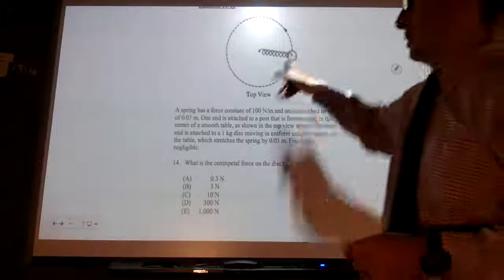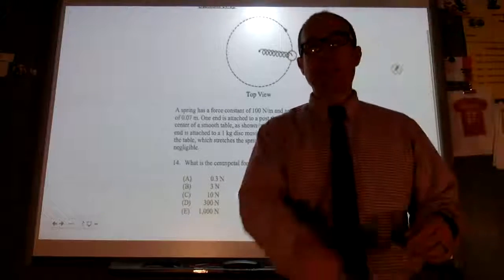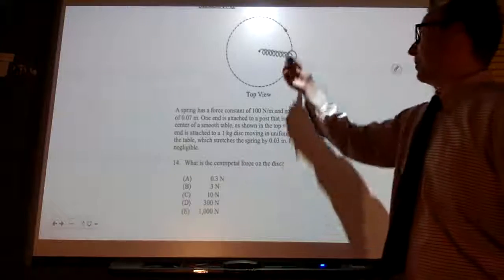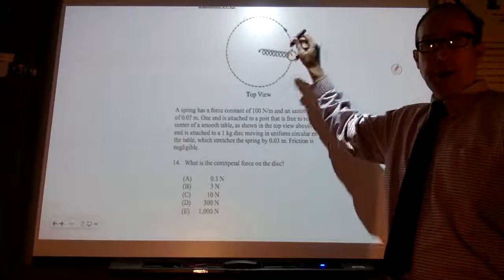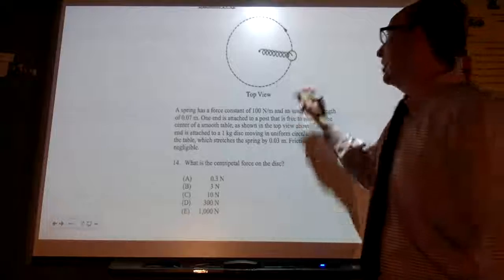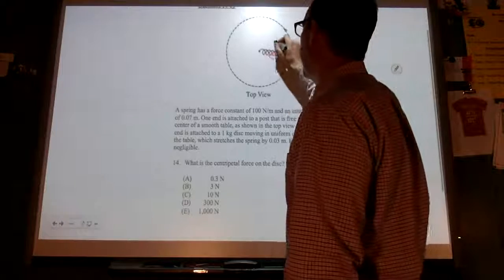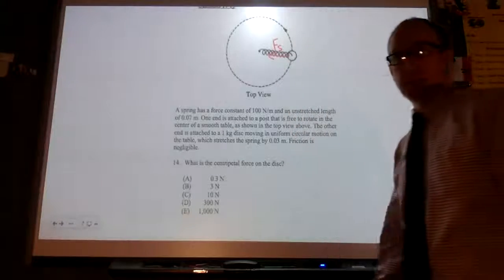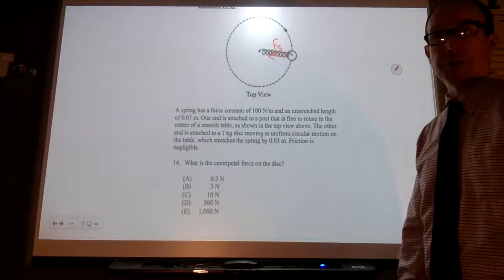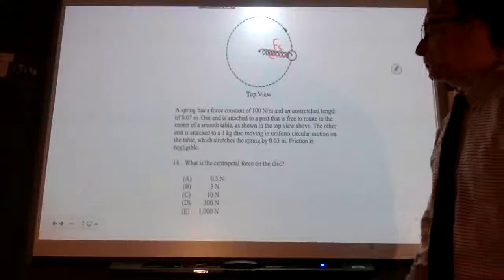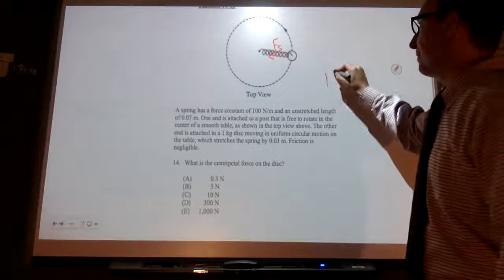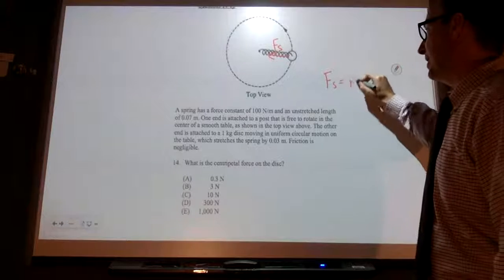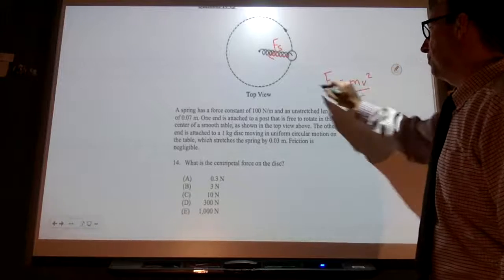So when you're looking down on it, gravity's not in it. If we were talking like normal, it would be coming out of the board, and weight would be going in. And so the force that is keeping it going in a circle is the spring force, the restoring force from Hooke's law. And so you're going to say that this is your centripetal force.